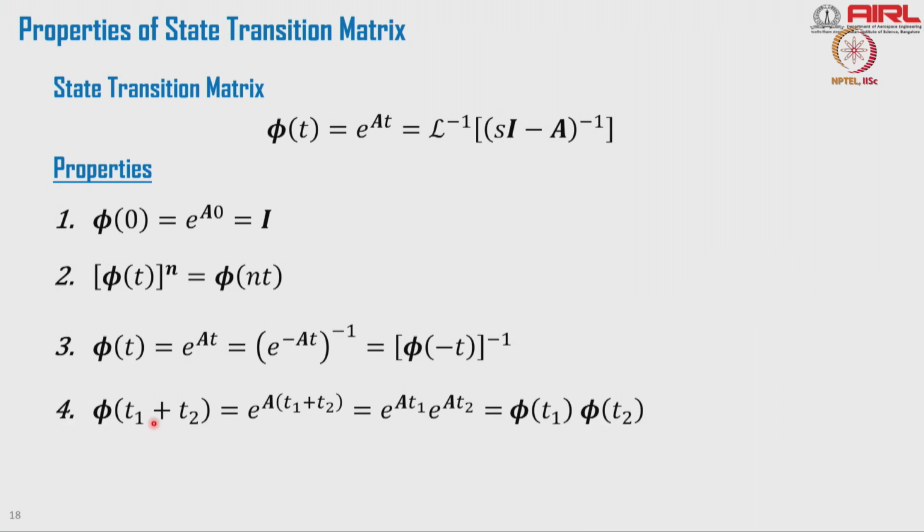Phi of t1 plus t2, which is e power A(t1 plus t2), is nothing but e power At1 times e power At2, that is phi of t1 times phi of t2. And similarly, phi of t2 minus t1 times phi of t1 minus t naught is nothing but phi of t2 minus t naught. These properties are very useful when we get into controller designs.